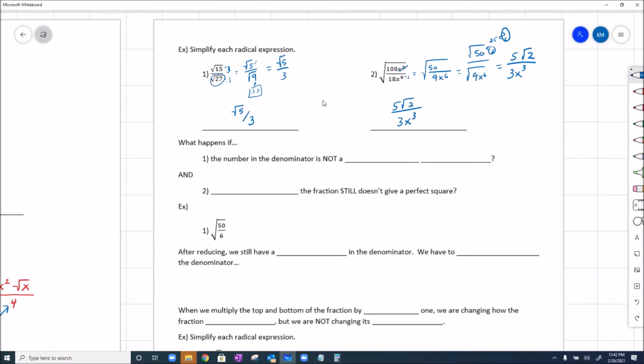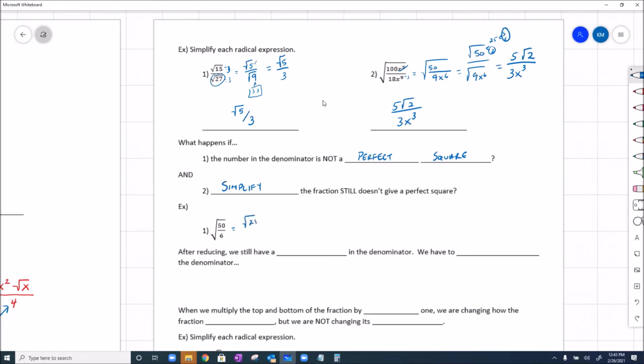So if the number in the denominator is not a perfect square, you simplify the fraction, and if simplifying the fraction still doesn't give you a perfect square, what do we do? After reducing the fraction, we still have, in this problem, radical 50 over 6. So we can say not a perfect square in the denominator. Let's simplify.